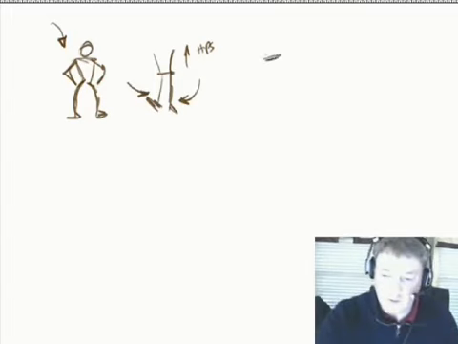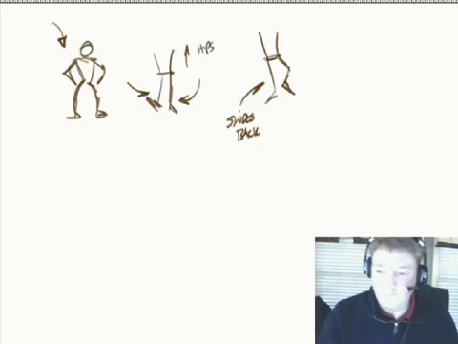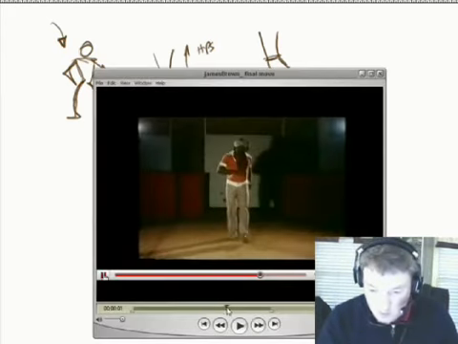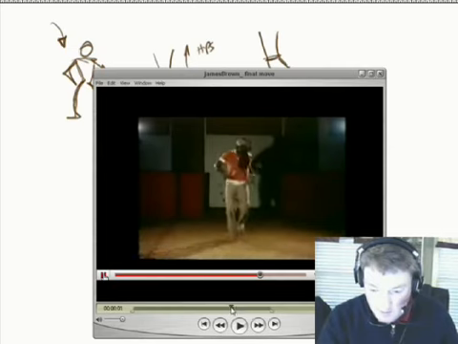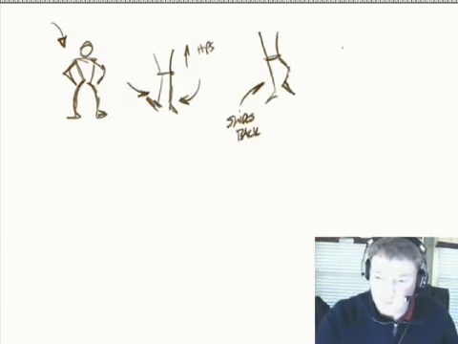So then his hips come up again, and this leg slides back. And this leg comes up and then kicks forward like that. And as this leg kicks forward, the hips drop.